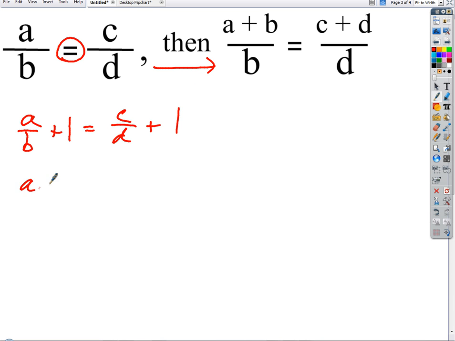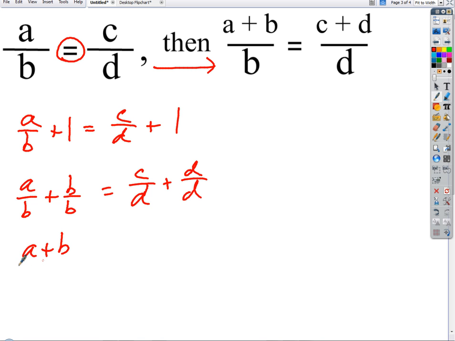So that's the same thing as saying A over B plus B over B. And on the other side of the equation, I would have C over D plus 1 in the form D over D. So I get the same denominators, right? Well, what does that give me on this side? I just get A plus B over the common denominator, B, equals C plus D over the common denominator, D. That's all we did, right?